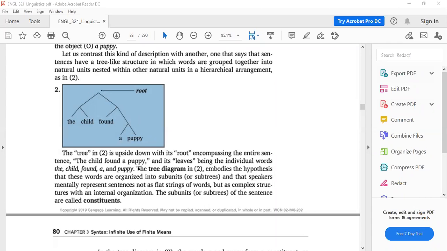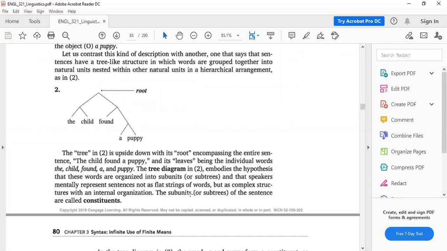You see, the tree diagram embodies the hypothesis that these words are organized into subunits or subtrees, and that speakers mentally represent sentences not as flat strings of words, but as complex structures with an internal organization.